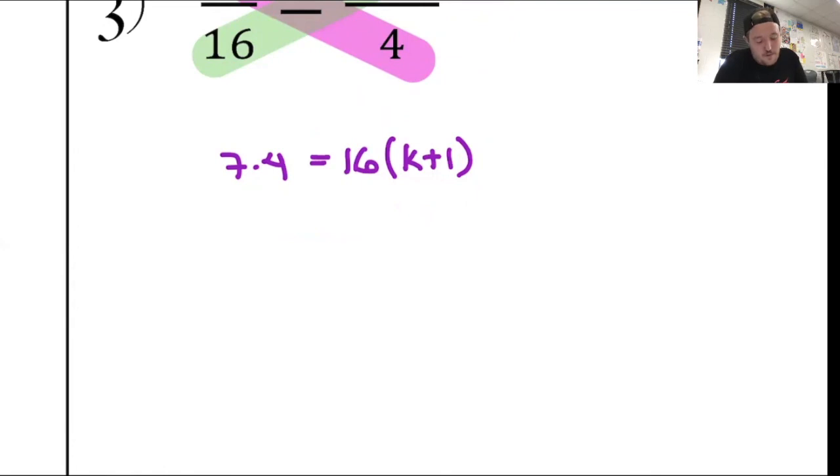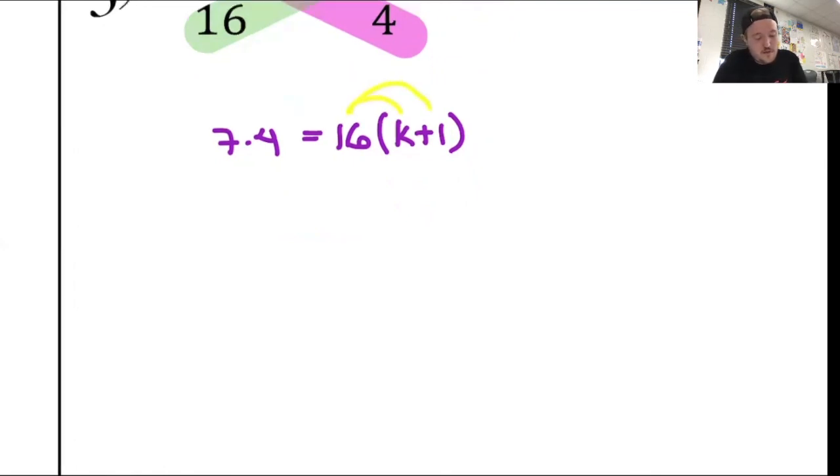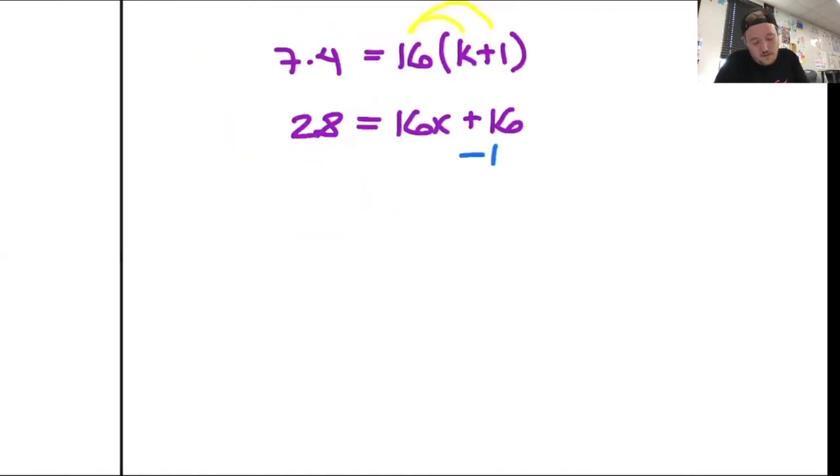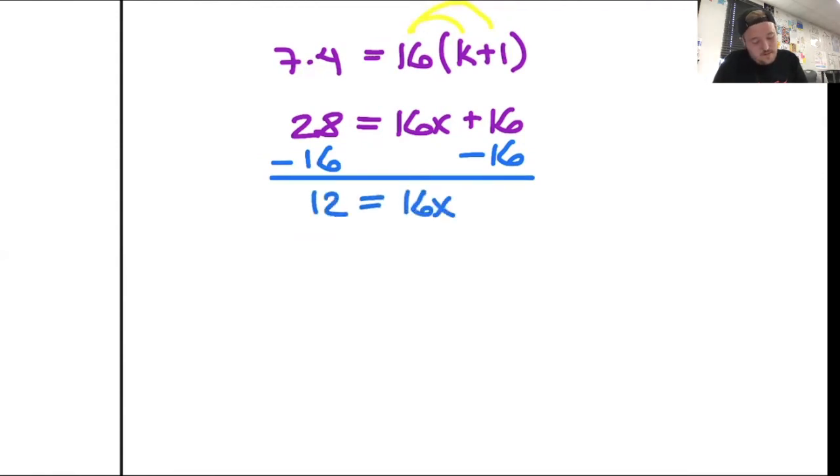All right, so I'm going to distribute. 7 times 4 is going to give me 28. 16 times k gives you 16k, plus 16 times 1, which gives you 16. I'm going to subtract 16. So you're going to get 12 equals 16k.